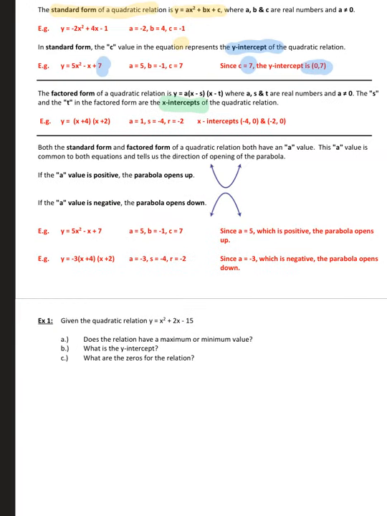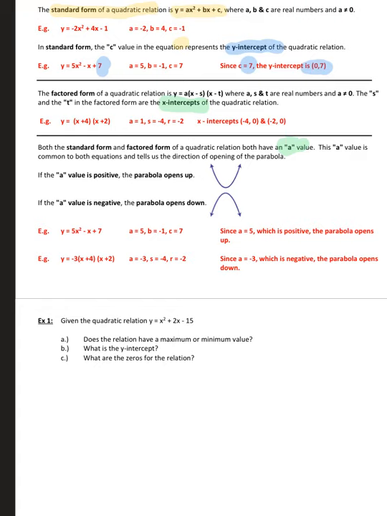So both the standard form and the factored form of a quadratic relation or a quadratic equation have that a value. So they're both going to have this value, that number out front. That a value actually tells us a lot of things. So just like in a line, if it's negative or positive here, it tells us if it's opening up or down.